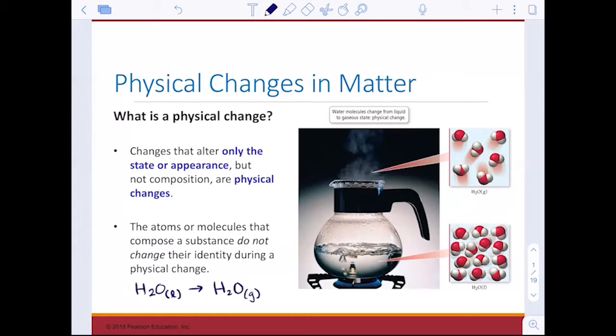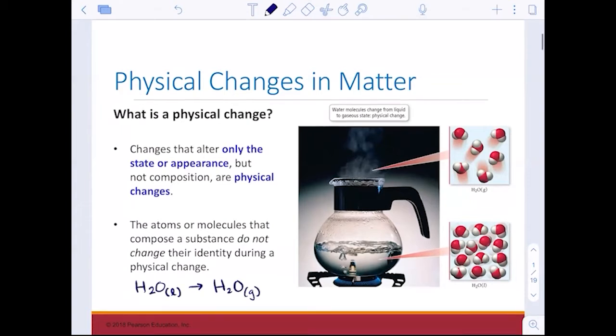With evaporation, this is our example here where our little carafe filled with liquid water is heated up in order to get the water molecules to boil and evaporate to form water vapor. That still requires energy. It is still a reaction. It's just a physical change.